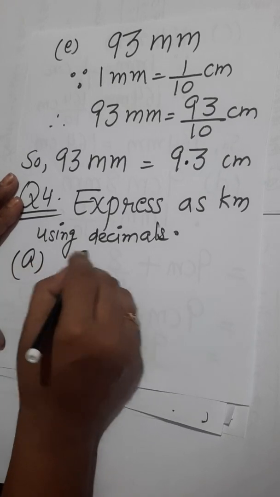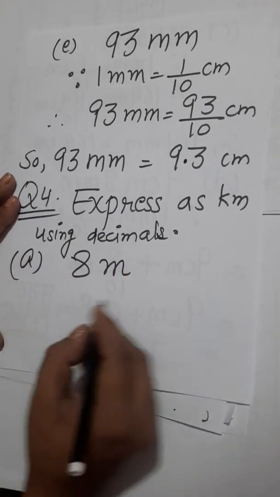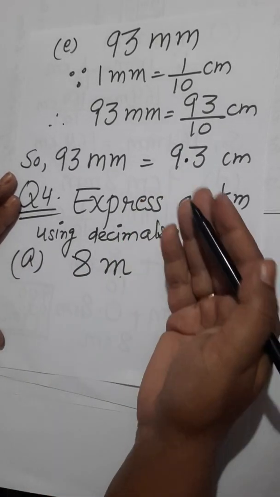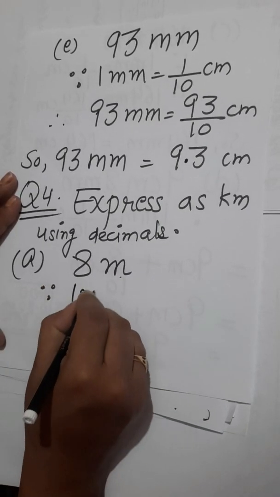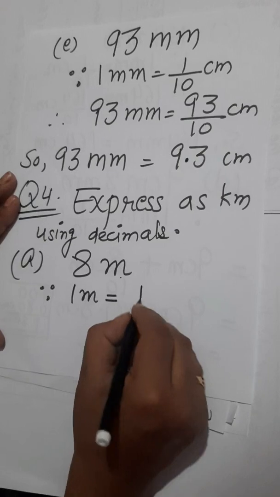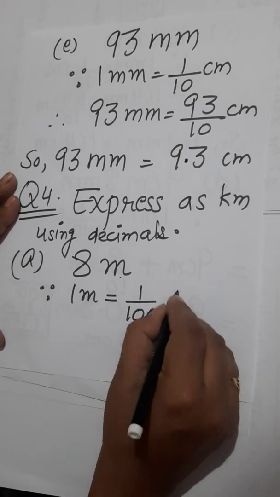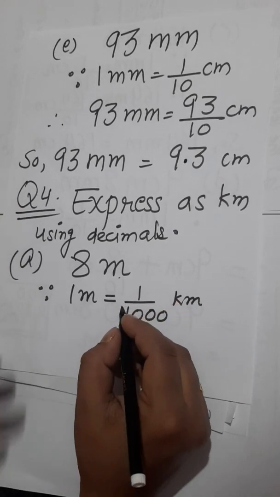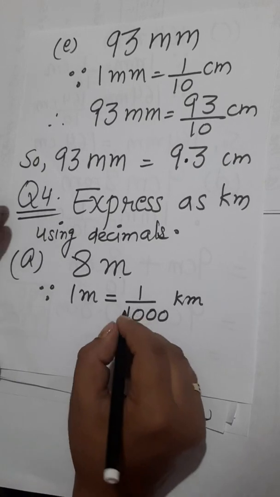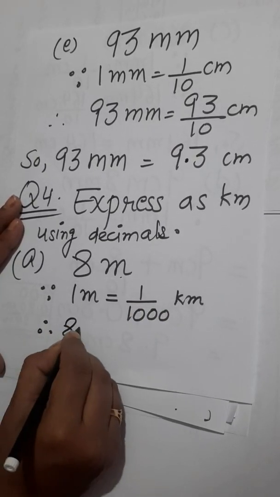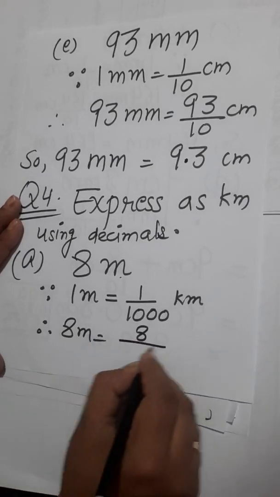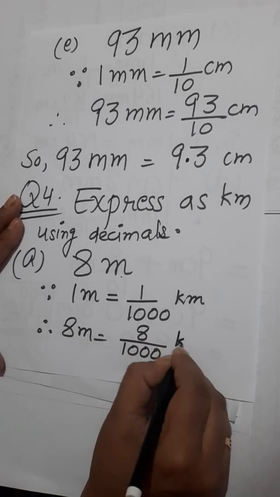Now A part is 8 meter. Now you have to express meter as kilometer. Since 1 meter is equal to 1 upon 1000 kilometer, because 1 kilometer is equal to 1000 meters, therefore 8 meter can be written as 8 upon 1000 kilometer.